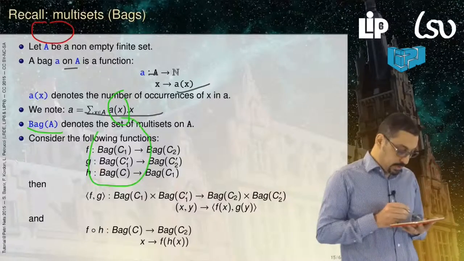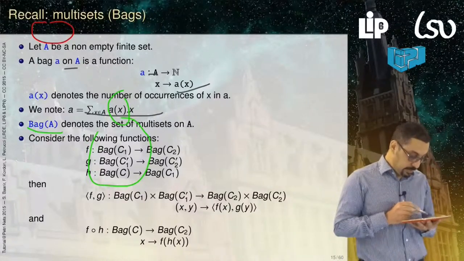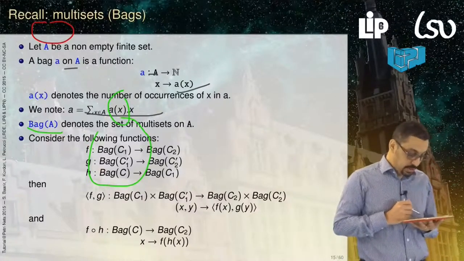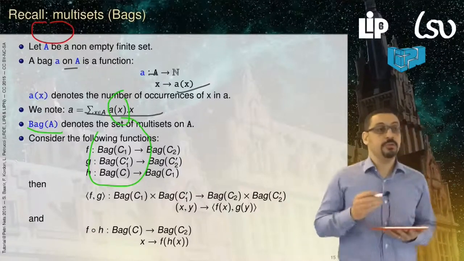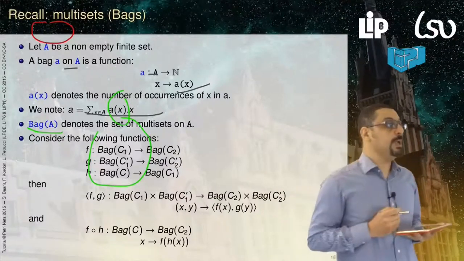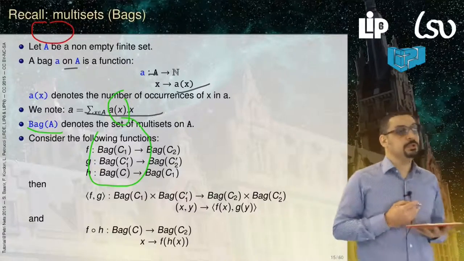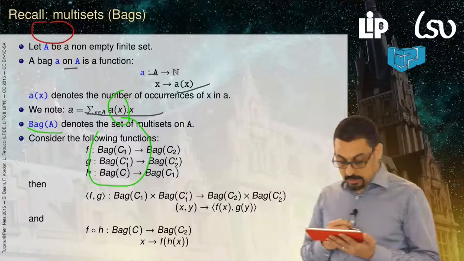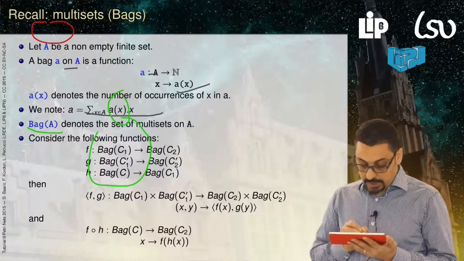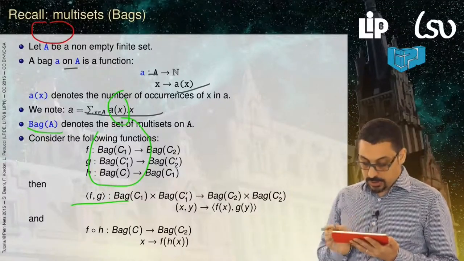With this notion we can compose functions for which the domains are bags. For example, the functions f, g, and h all have domains and codomains which are bags. We can compose them, or we can make a Cartesian product of these functions in a natural way.